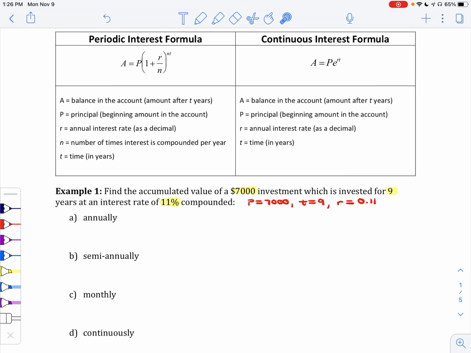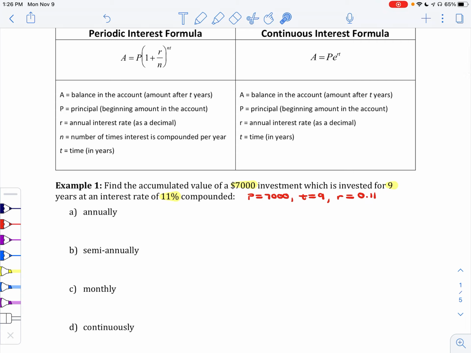Okay, so then we want to do a couple different things with it. So first, it says we want to find the accumulated value if our interest is compounded annually. So compounded annually means that the interest is compounded one time at the end of the year, meaning n equals 1.